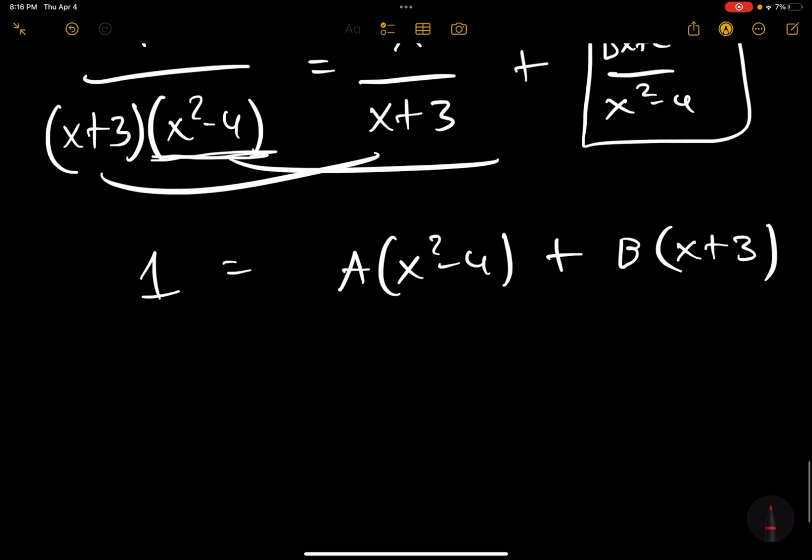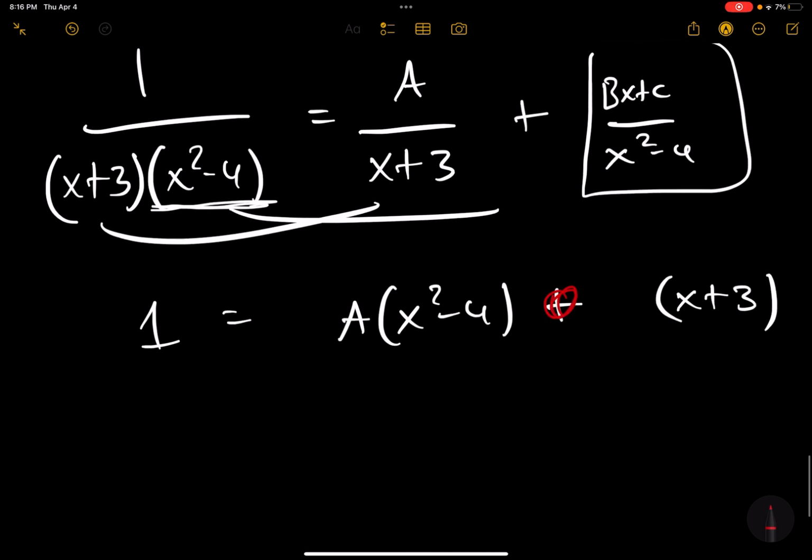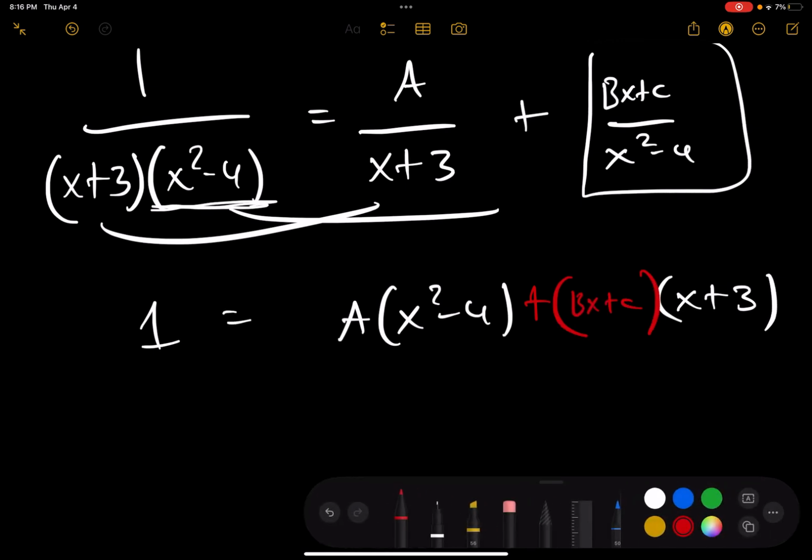So once we have bx plus c, that means that once we have everything multiplied out, we're going to have plus bx plus c on that side too. So we have to figure out a way to cancel out a or c in order to find the values. The easiest way usually to get certain values is to start with canceling out a.